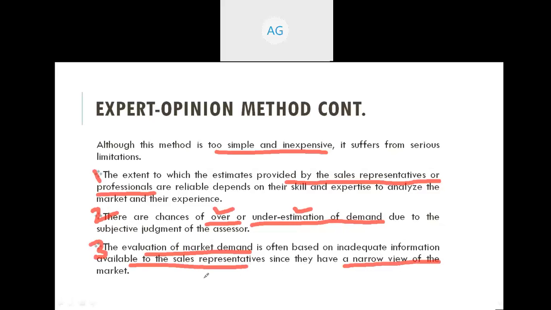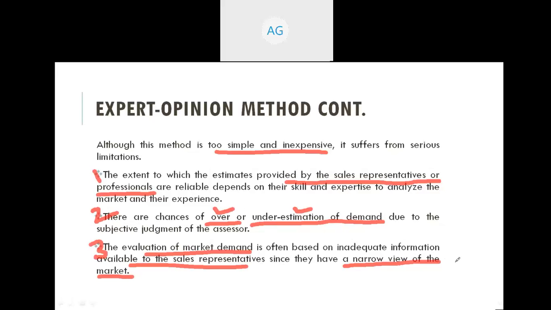Because a sales representative's basic task is to deal with the consumer, and he does not know much about the market or how the business has been done by the organization, or where to enhance the items in the market or not. The sales representative has much less knowledge about this. So this method is having much more limitations than the advantages.